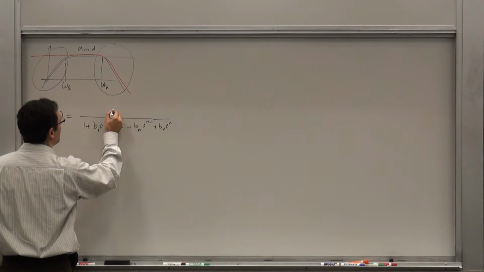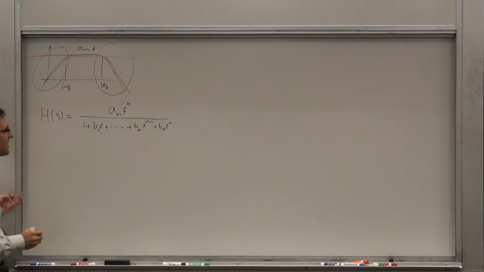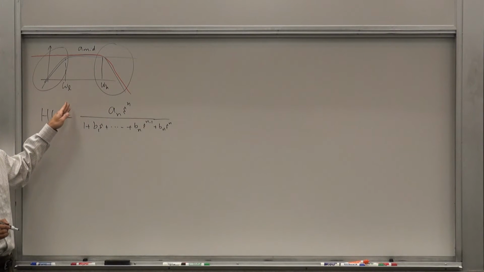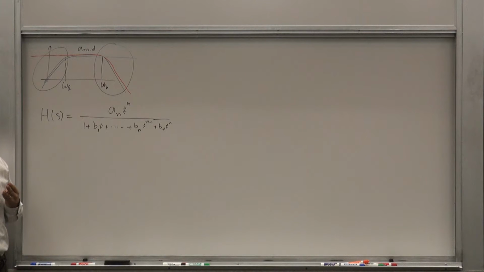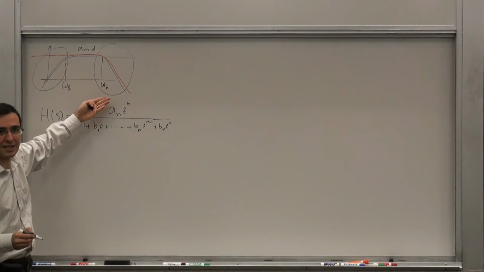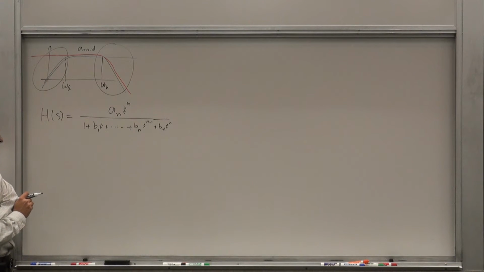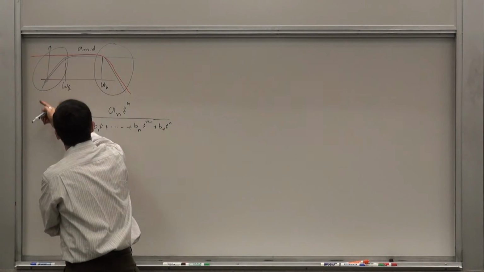And then in the numerator, I will have some an s to the n. This will give me a high pass response. I mean, it doesn't have to be like this. You can have all the other lower order terms, a(n minus 1), a(n minus 2), but this is the simplest one that does that. And around that frequency, this is the one that matters the most anyway. So I have something like this, and this is a high pass response. This will give me a behavior like that blue curve.